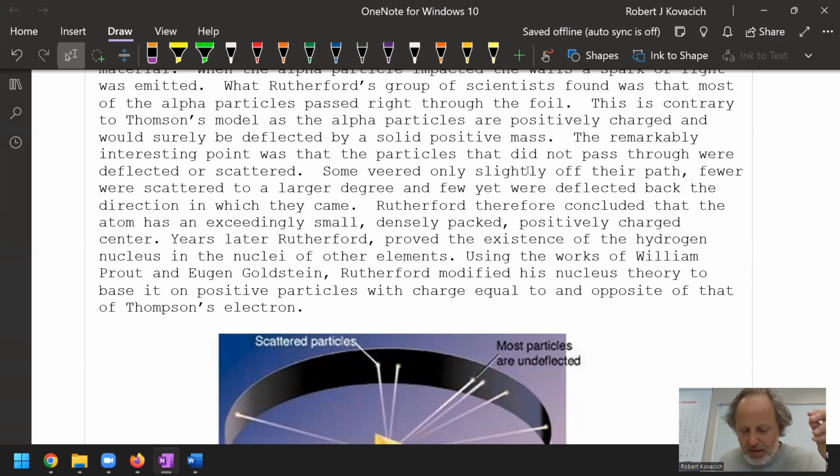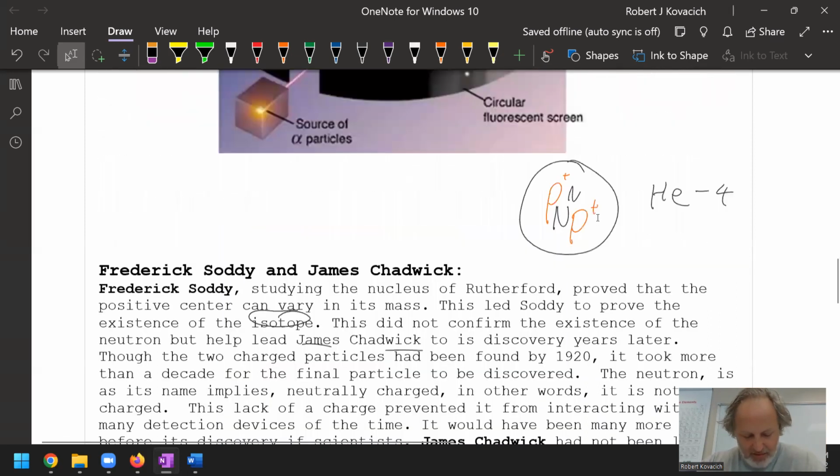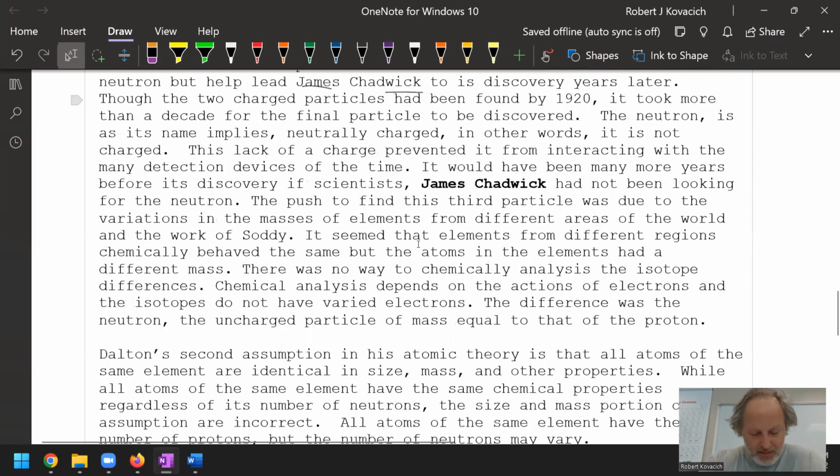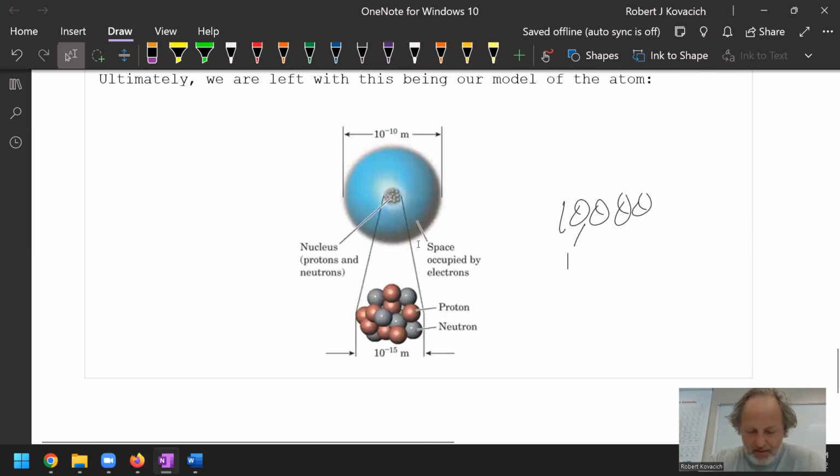It's composed of different positive charges. And so the positives in the nucleus equal the negatives of the electrons in orbit, and that makes your atom. And then Soddy and Chadwick came up with the idea that there are neutrons and that atoms have different masses, even if they're the same type of atom, like gold. Two gold atoms can have different masses, or two carbon atoms can have different masses. And that's what we've got. All right.